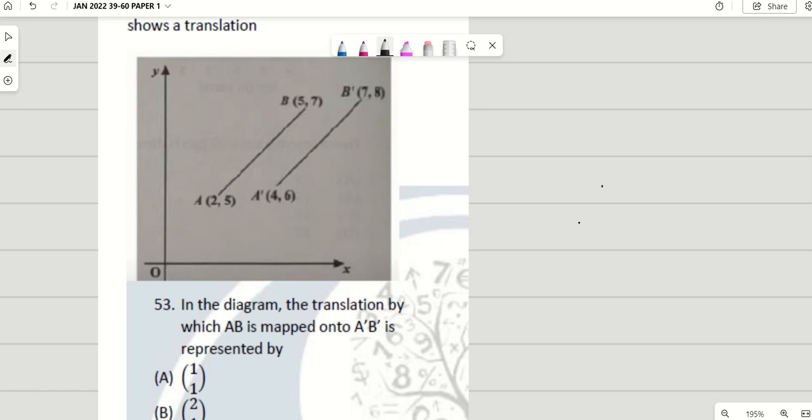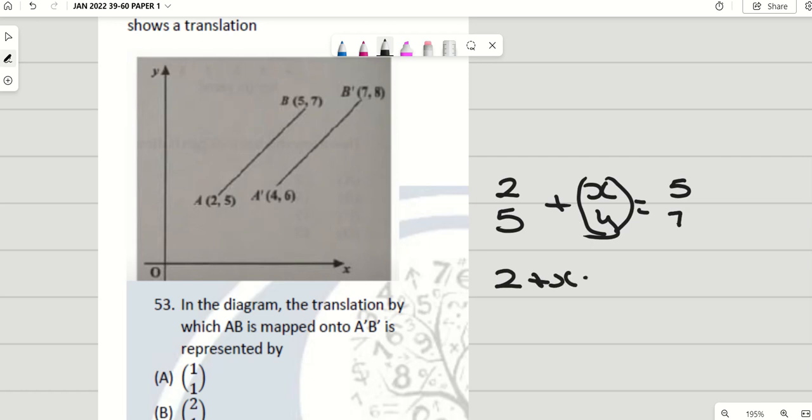We're going from A to B, so (2, 5) plus, we don't know what x and y are, that is my translation, equals (5, 7). So let's find out what x is.